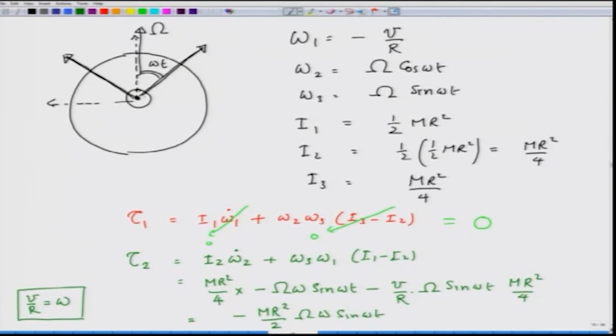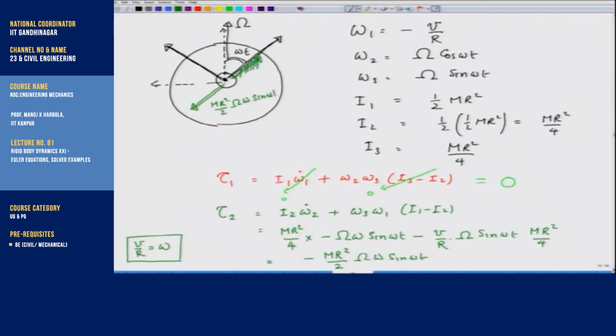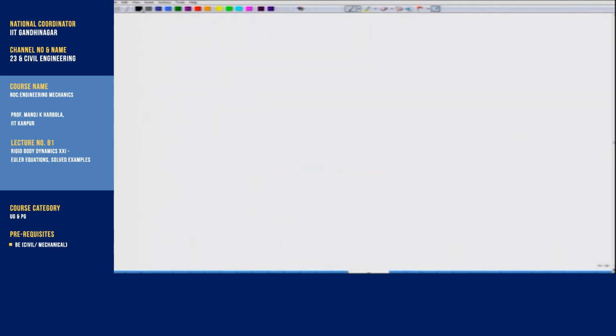So, the torque in direction 2 is in the opposite direction to 2, and it is equal to m r square by 2 capital omega omega sine of omega t. How about tau 3? Let me make this picture again.